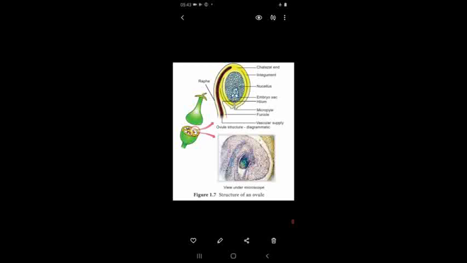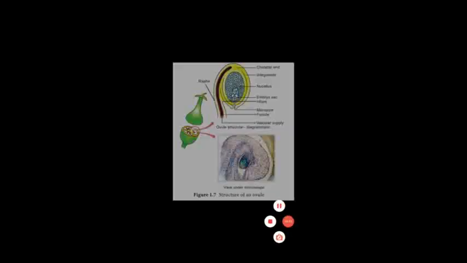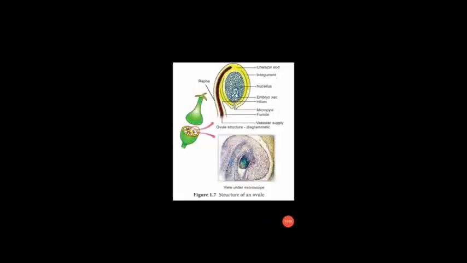This ovule is surrounded by two layers, called integument. The two layers do not completely surround the central parenchymatous tissue called nucellus. That region which leaves the small opening at the top is named as micropyle.